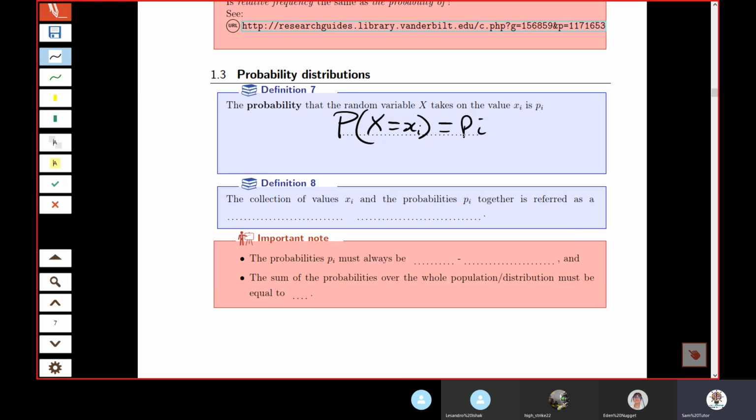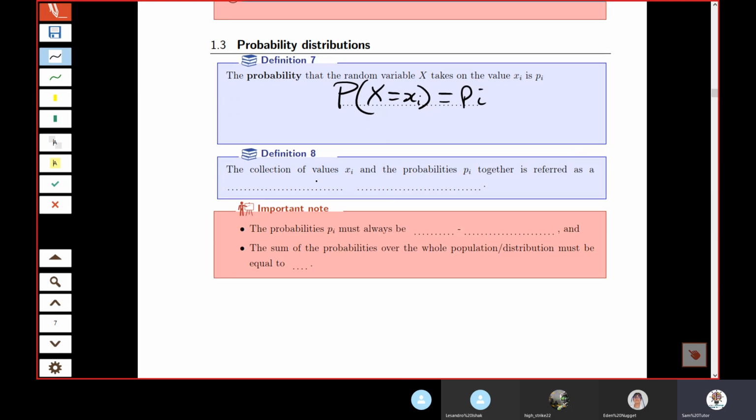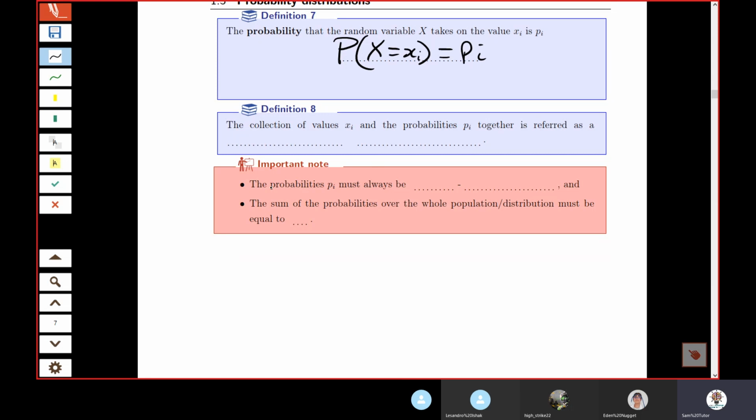Don't let that confuse you. Don't stress. You'll see what it is in a second. The collection of values and the probabilities together is referred to as this. The probabilities p must always be between 0 and 1, and the sum of the probabilities over the whole population must be equal to 1.